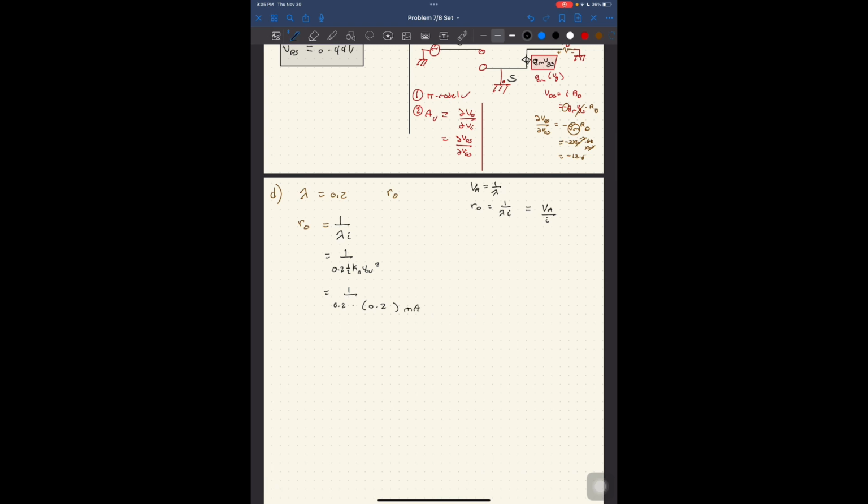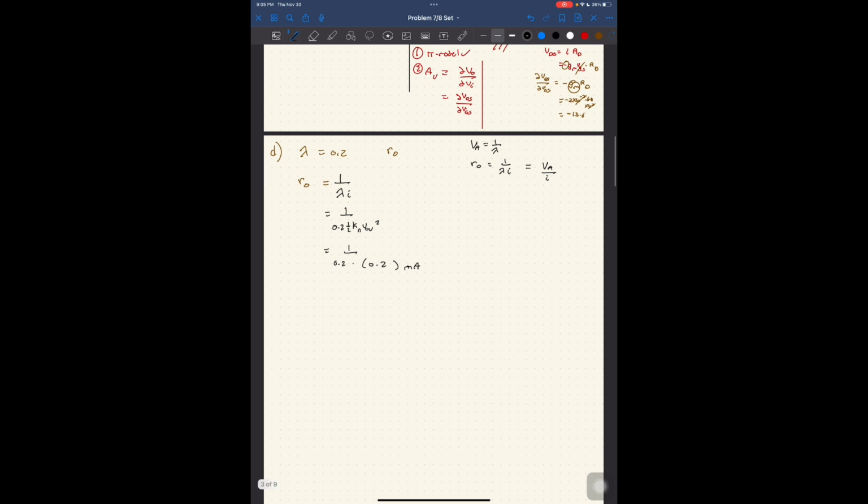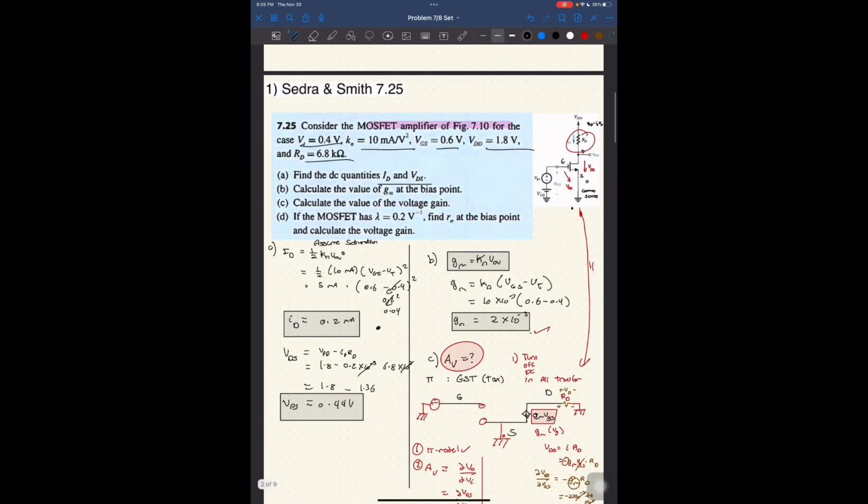And we found this above, right? We said that 0.2 milliamps here, so just rewind if you want to watch that again. And that's equal to 1 over 0.04 times 10 to the negative 3. So this I can move up to get kilos. So R naught is equal to 1 over 0.04 kilo ohms, which is equal to 25 kilo ohms. And that is question 7.25.